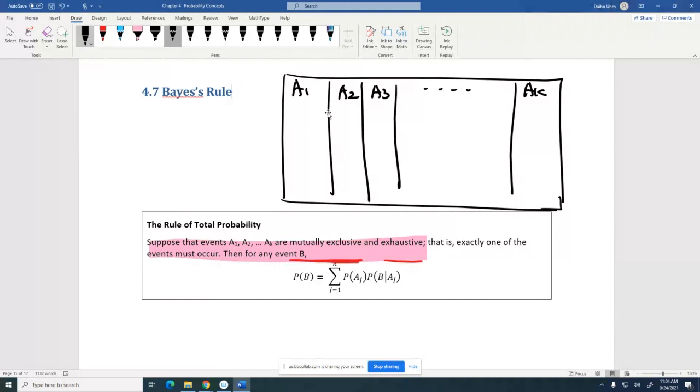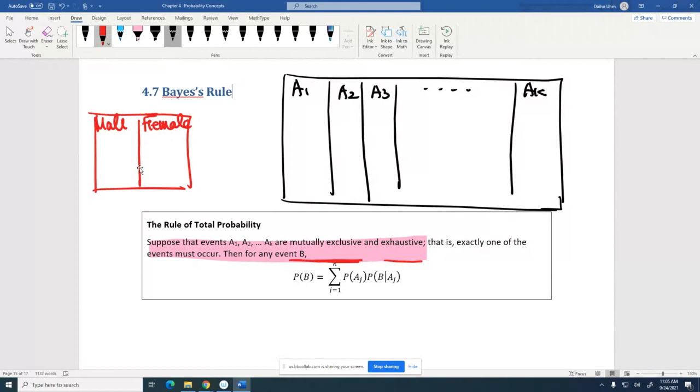I can give you another example. When I split only male and female, I have a sample space U, and mutually exclusively, I separate two groups, male and female. When I merge them together, male and female, it will be the same as the sample space.